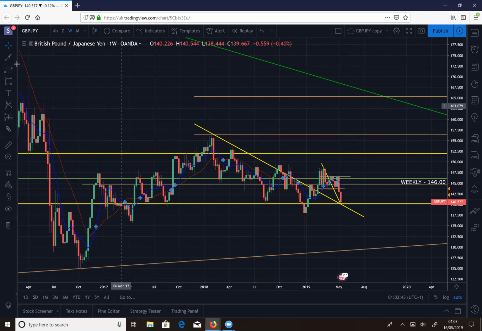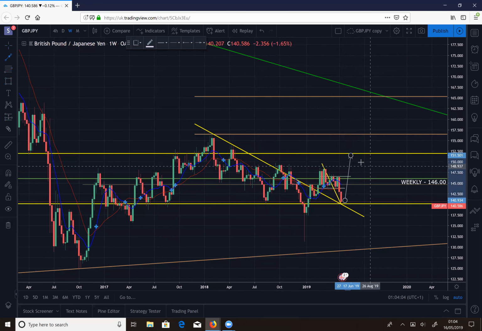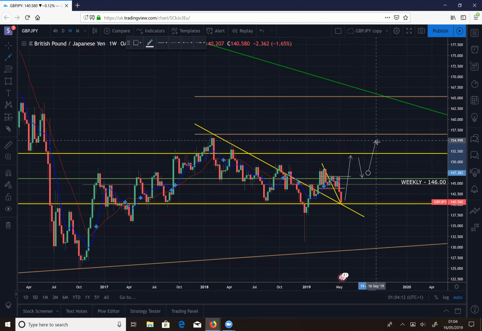Will we now see this pair make its way up? Or will we see this pair first be stuck within these ranges, either between the monthly and weekly or the two monthlies? Will we see some kind of ranging before we actually manage to break up?